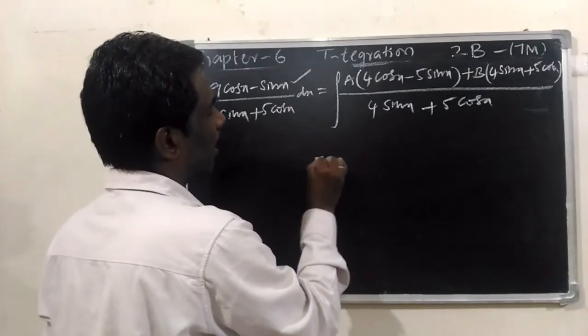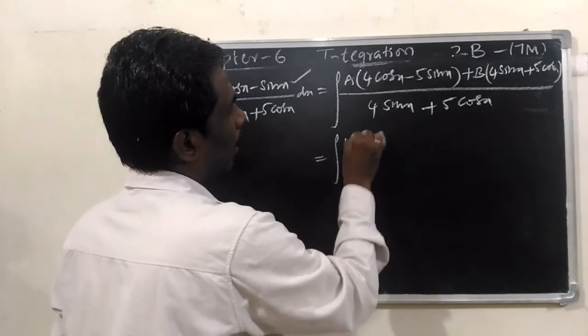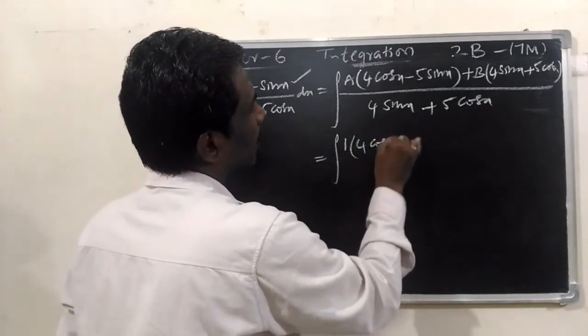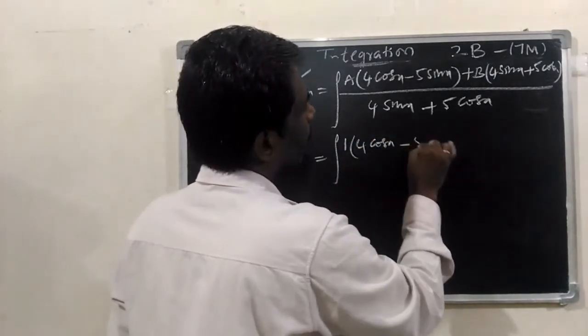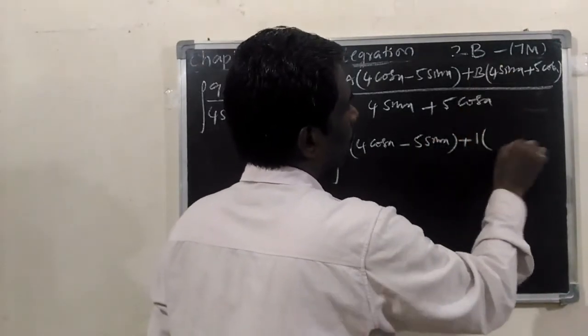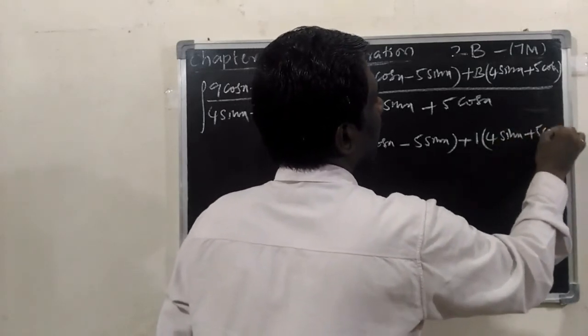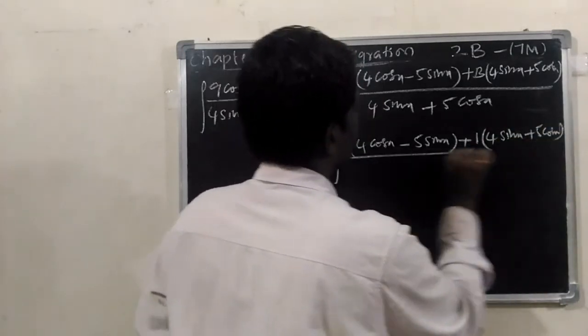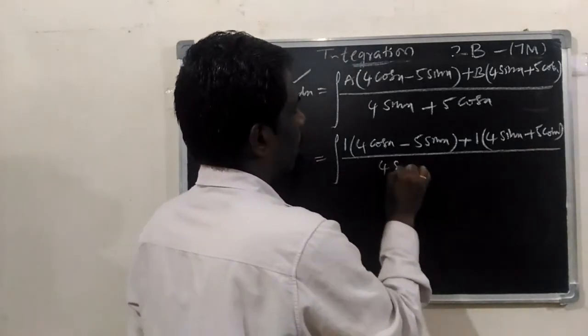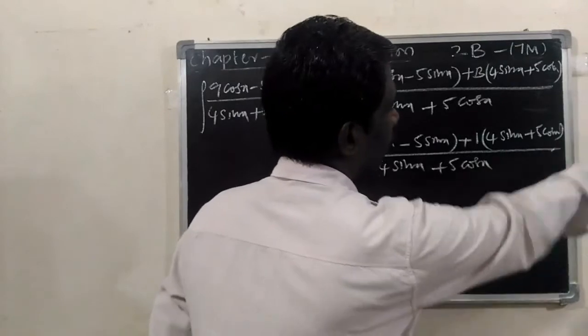Now I am substituting a is 1 and b is 1. So 1 into 4 cos x minus 5 sin x plus b is also 1 into 4 sin x plus 5 cos x, by 4 sin x plus 5 cos x into dx.